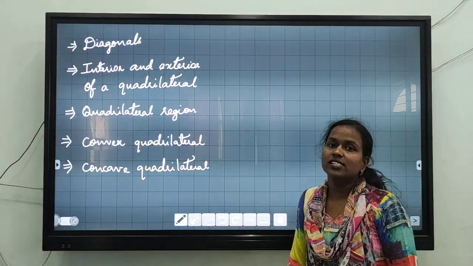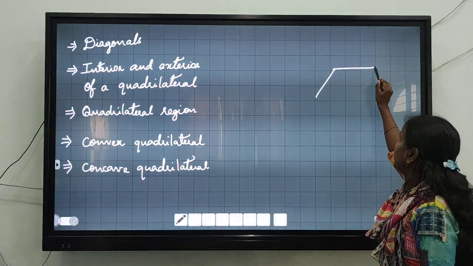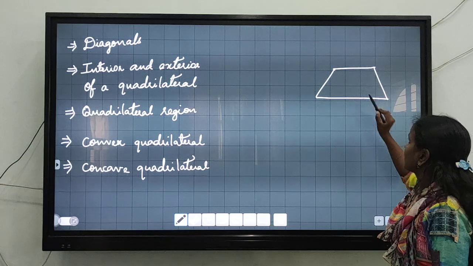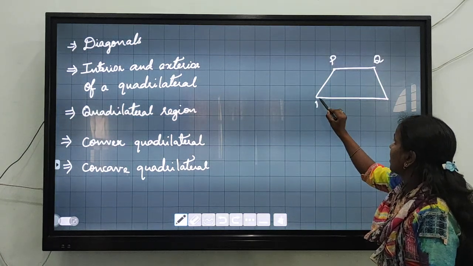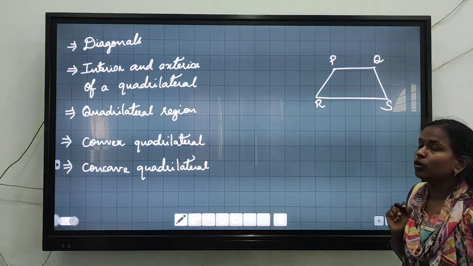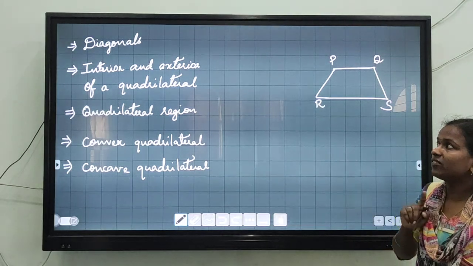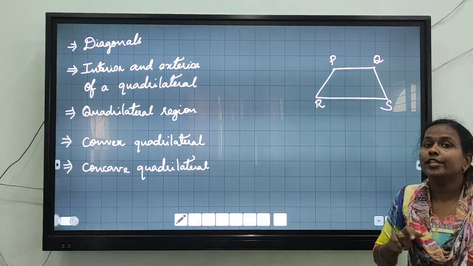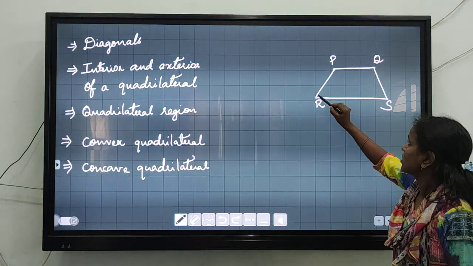Next one, diagonals. Let me draw one figure here. I am going to name this P, Q, R, S. This is quadrilateral PQRS. In this PQRS, what is meant by diagonals? If any line segment connects opposite vertices, that is called a diagonal.